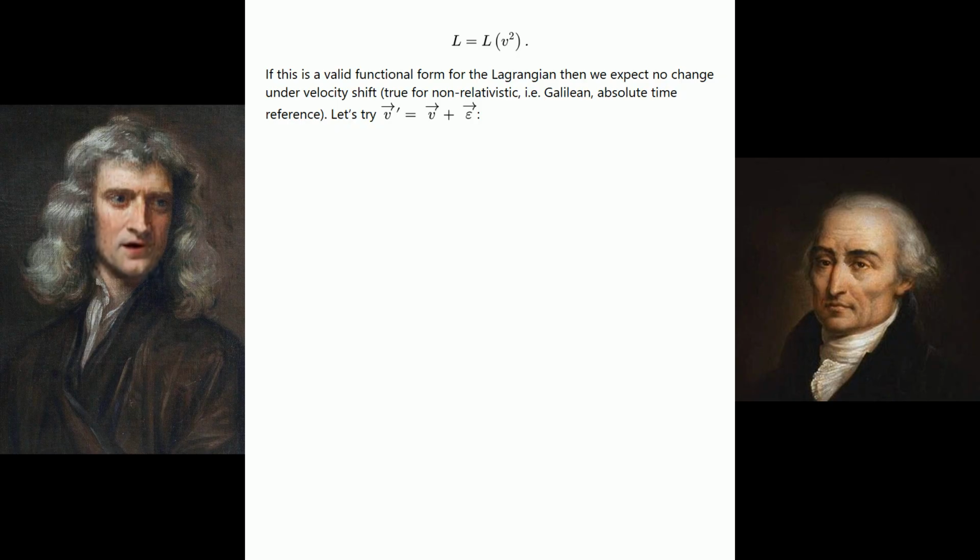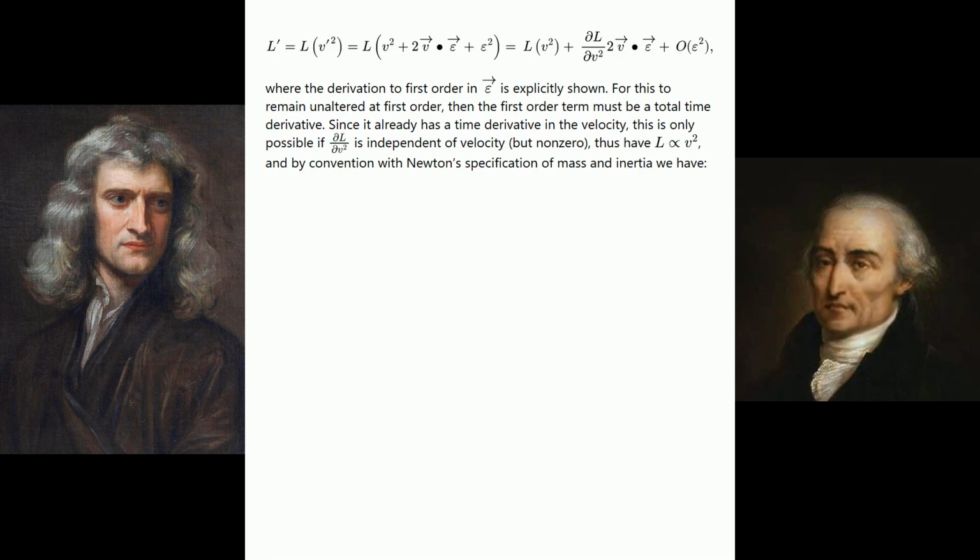If this is a valid functional form for the Lagrangian, then we expect no change under velocity shift, true for non-relativistic, i.e. Galilean, absolute time reference. Let's try v vector prime equals v vector plus epsilon vector. See the equation shown, where the derivation to first order in epsilon vector is explicitly shown. For this to remain unaltered at first order, then the first order term must be a total time derivative.